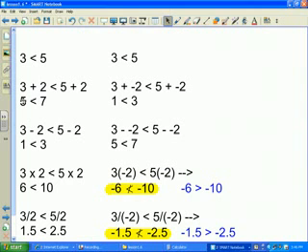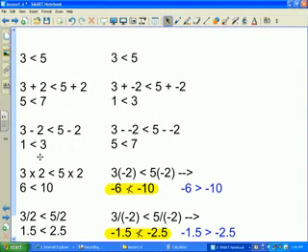So what you see in the first part of this slide here is I've taken 3 is less than 5, I've added positive 2 to both sides of that inequality, and I have another true simple inequality, 5 is less than 7. Here in the right hand column, again, I've taken that same inequality, added negative 2 to both sides, and I still have a true simple inequality, 1 is less than 3.